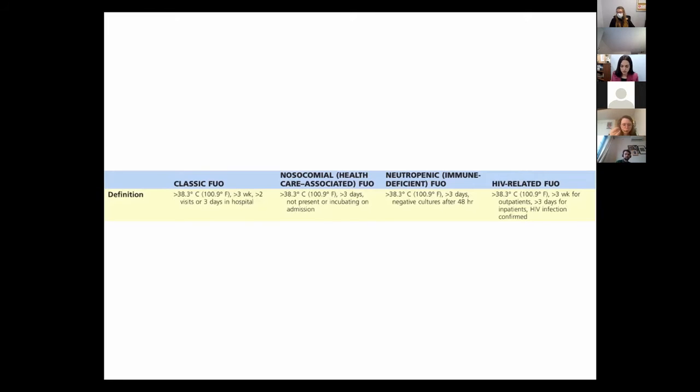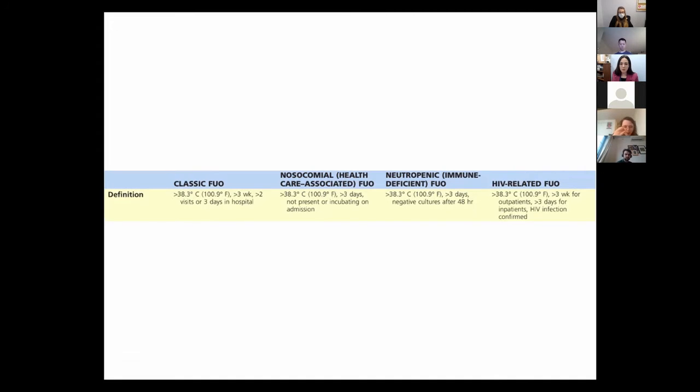You have to have the fever for 3 weeks, but without a diagnosis, despite 2 outpatient visits or 3 days in the hospital with workup. Nosocomial was the fever 3 days not present on admission. Neutropenic is in the presence of neutropenia.